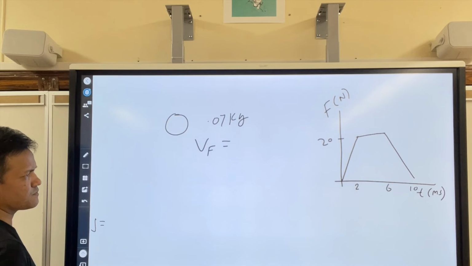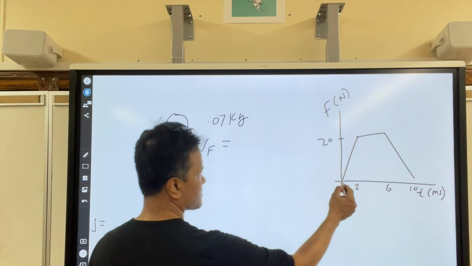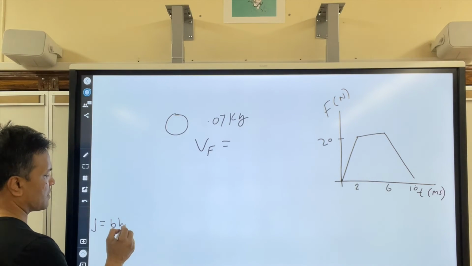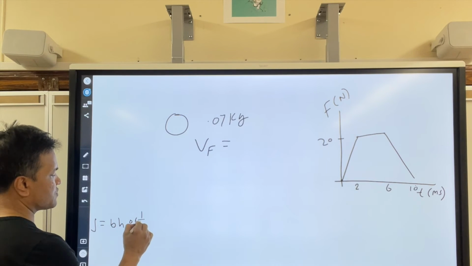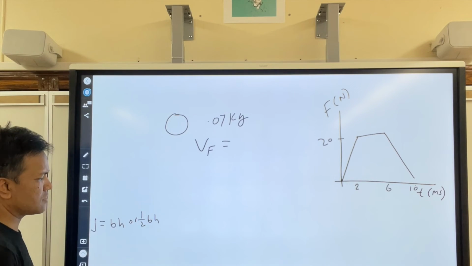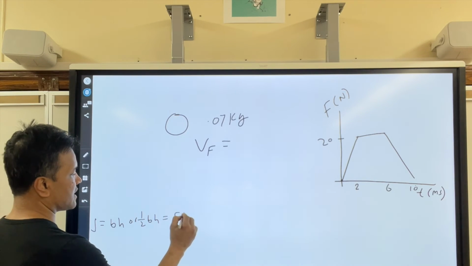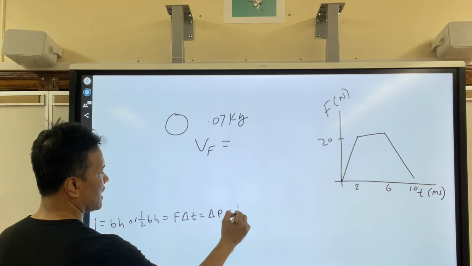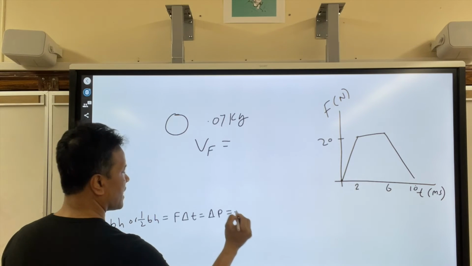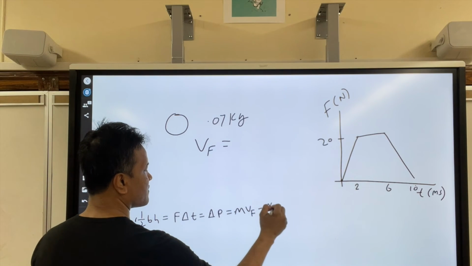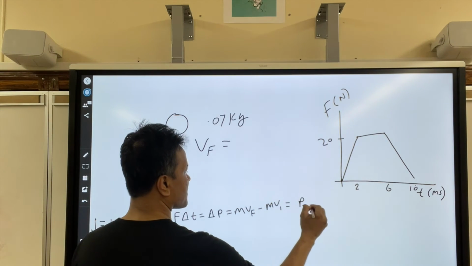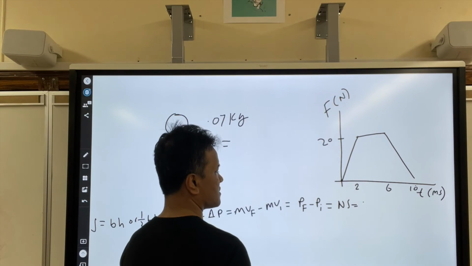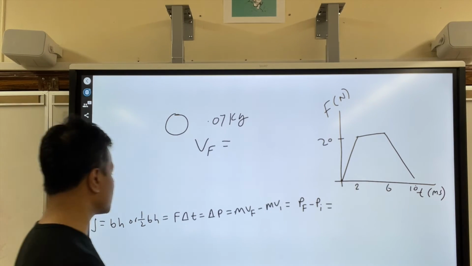Impulse is equal to BH or half BH, depending on the scenario, or F delta T or delta P, or m v final minus m v initial, or P final minus P initial, or Newton second. And that's it. I think that's enough.